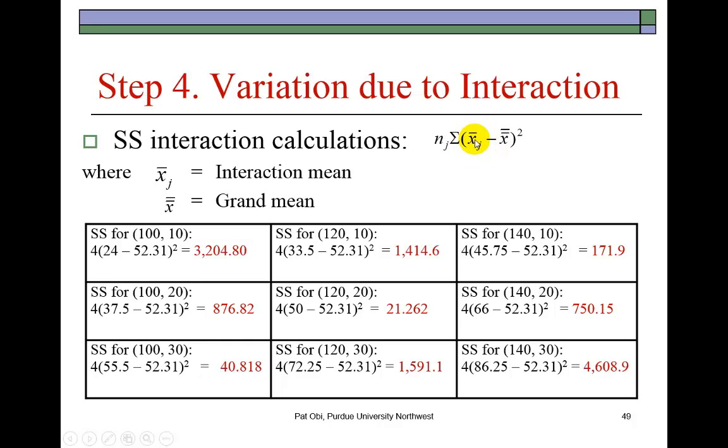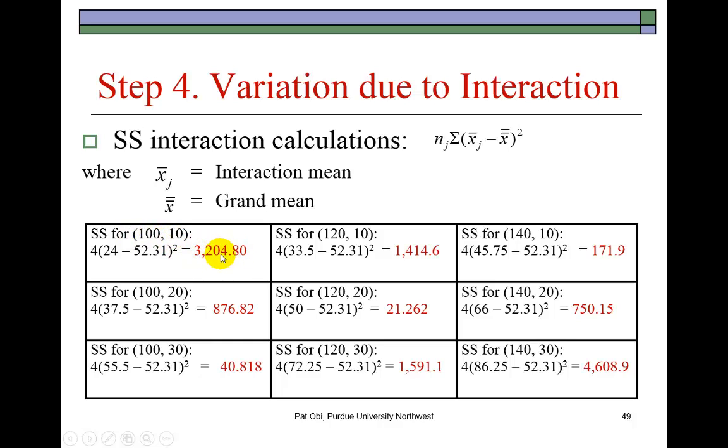So again, it's going to be the difference between each interaction mean and the grand mean squared, multiplied by the number of observations in each group of interaction numbers, and it's going to be 4. So that's what's done here, all right? The interaction mean for 100 degrees and 10 seconds, minus the grand mean squared, multiplied by 4 observations within that block.